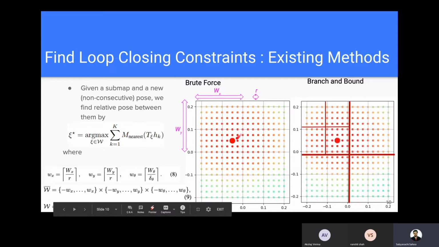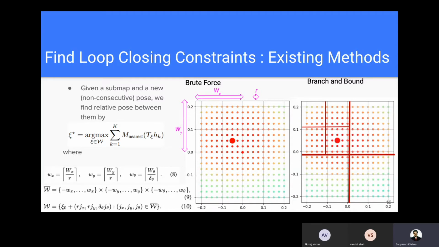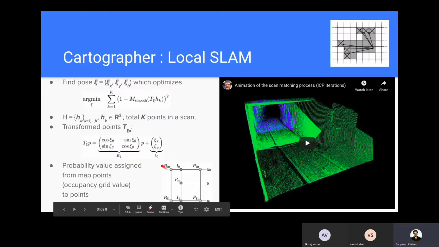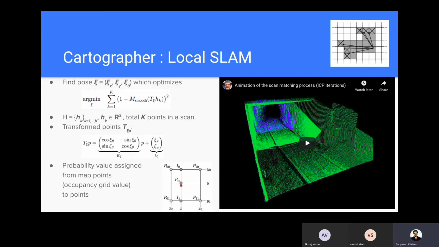So let's say this is where my PM was, and maybe this is where my P0 was, but I don't know that P0 is here. P0 is the 0th scan, PM is the mth scan. PM is the scan point for the next scan that we would like to align with the previous scan.